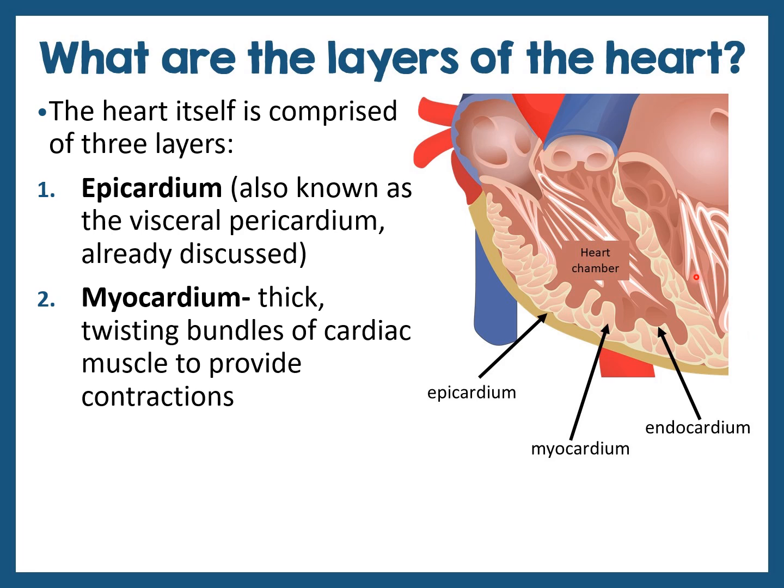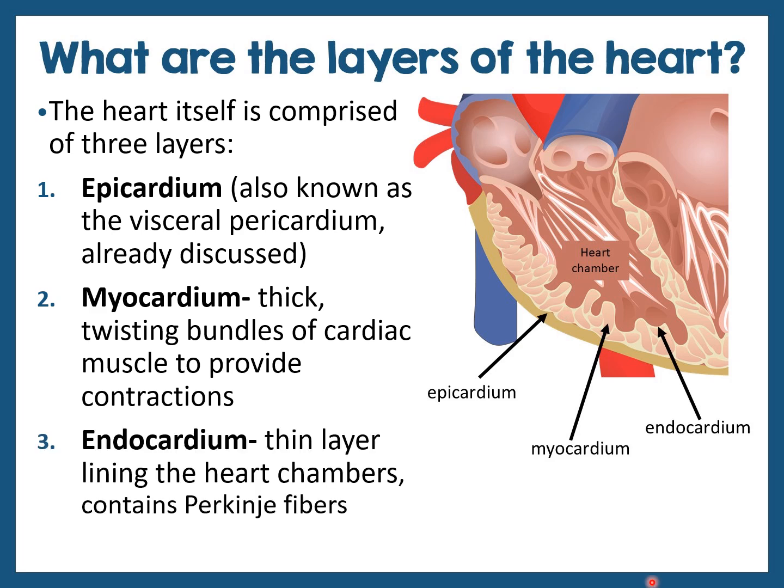And then this innermost layer, these parts where you see them going up and down, that layer is the endocardium. Endo means inner. This is a really thin layer of some connective tissue and epithelium that is going to be continuous with the endothelium of blood vessels that are entering the heart. And it's also going to contain a specialized structure called Purkinje fibers, which we will talk about.